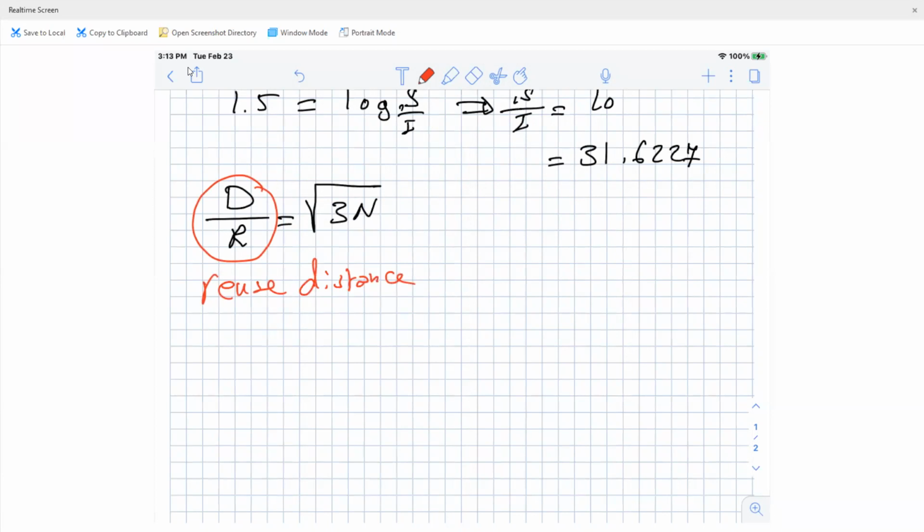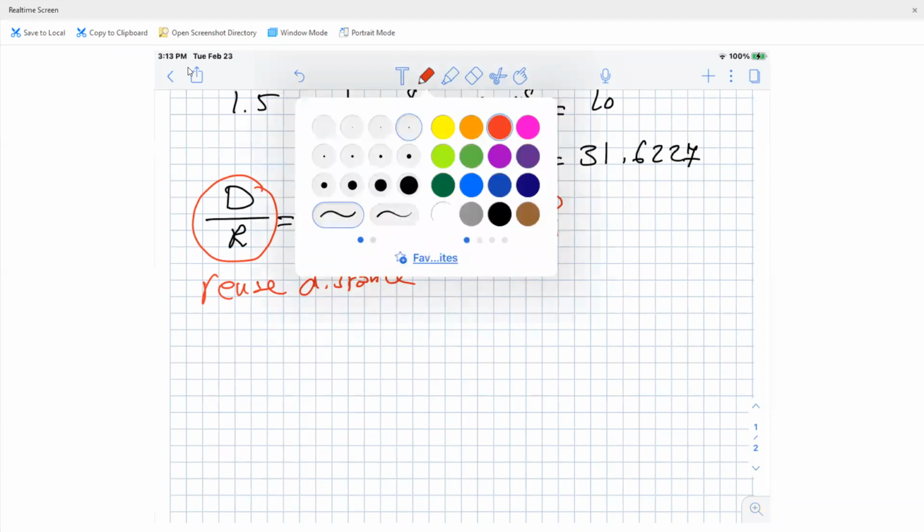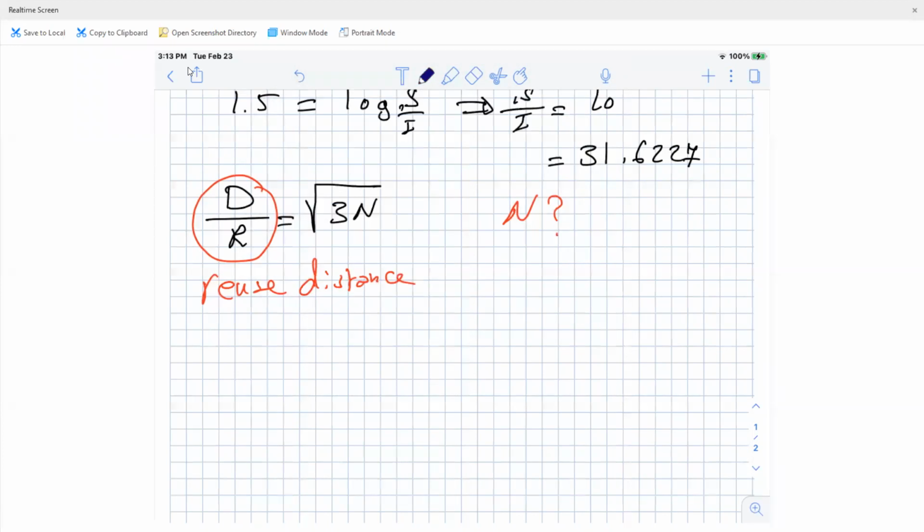So we have two things missing: D over R, which is the reuse distance, and n capital, which is the cluster size. Now, let's go to the solution.